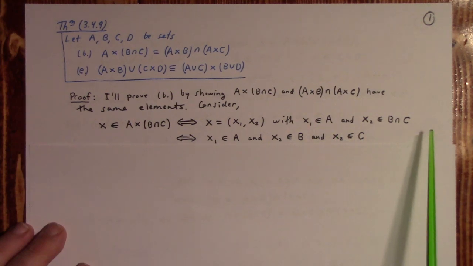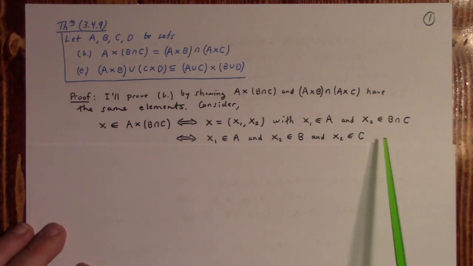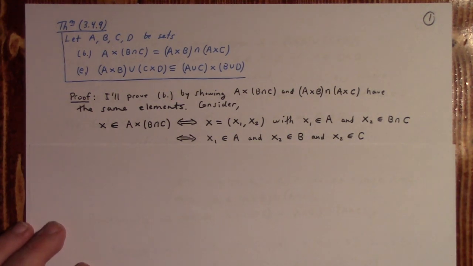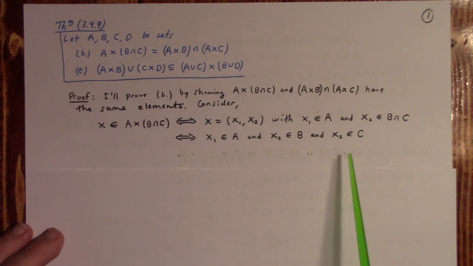I suppose my proof could be improved a little bit if I actually put down "by definition of intersection" to go from there to there, but you'll forgive me. All right, so then I forgot what I was trying to prove, so I started trying to get to the other one.